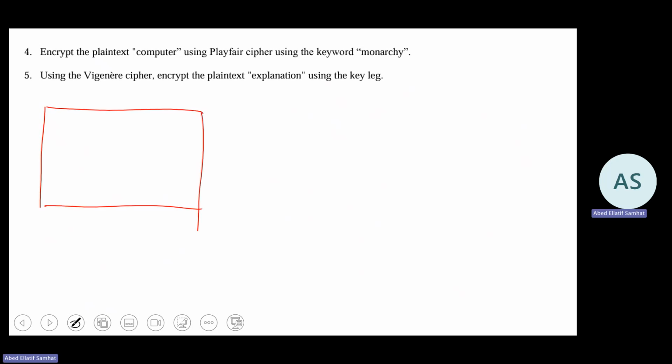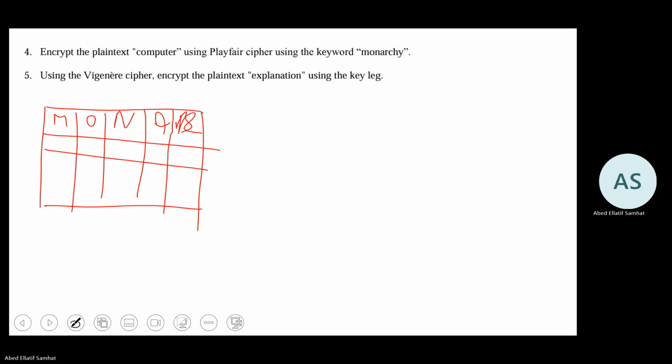So the idea is to have the secret key, monarchy, and after that we have to continue.